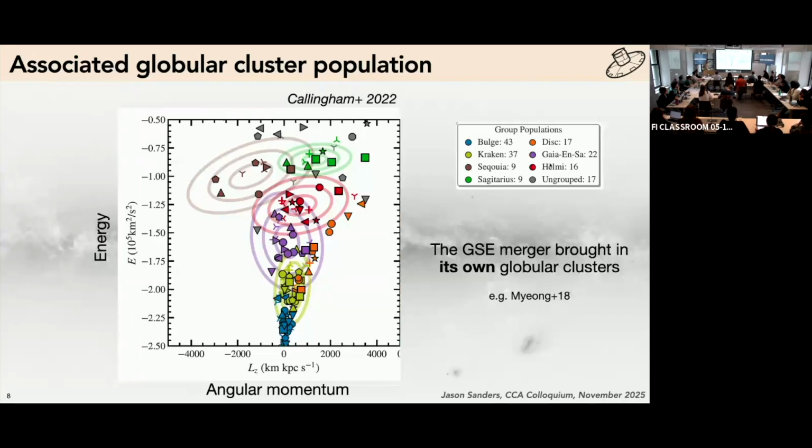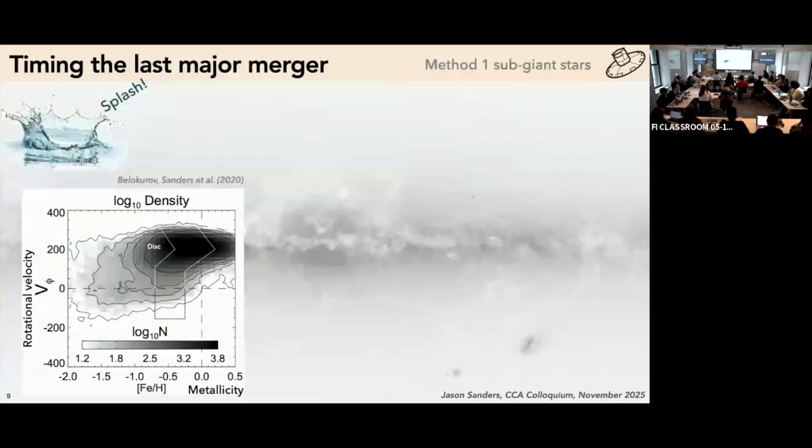But how do we then, thinking about this timeline idea, work out exactly when the event occurred? So the idea for doing this is, well, maybe I'll just explain this plot first. This is very similar.